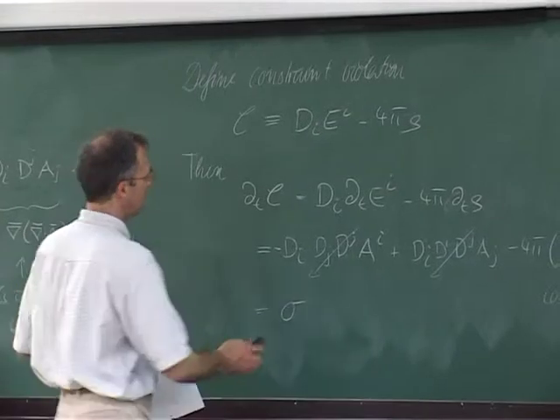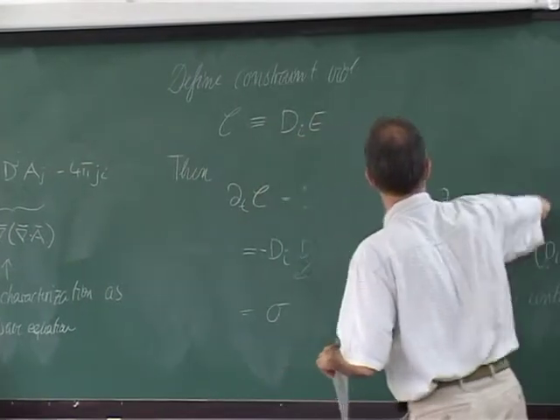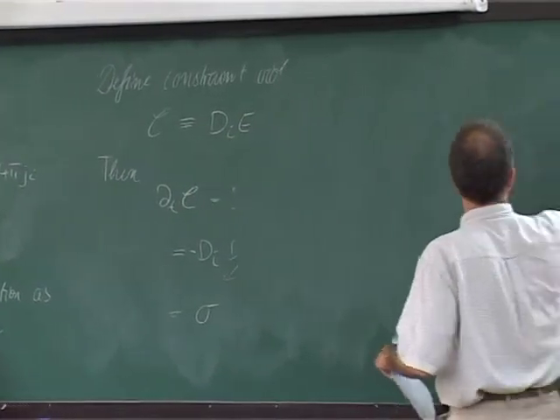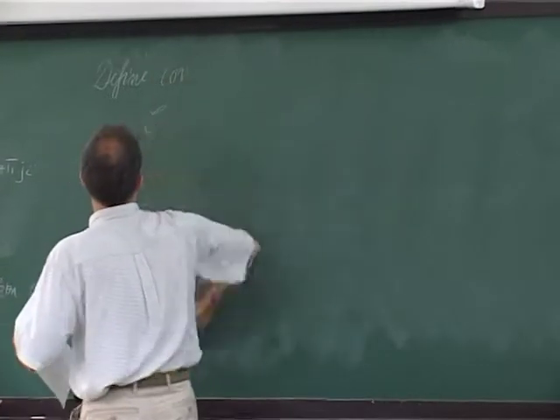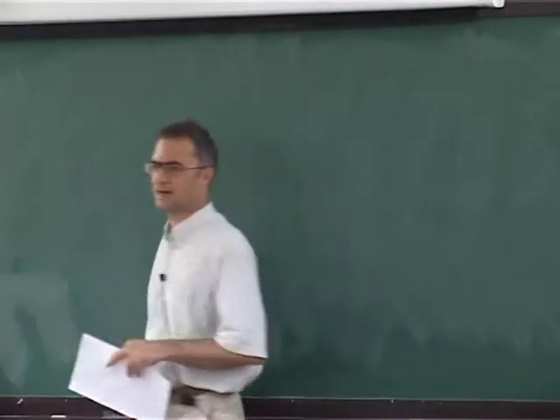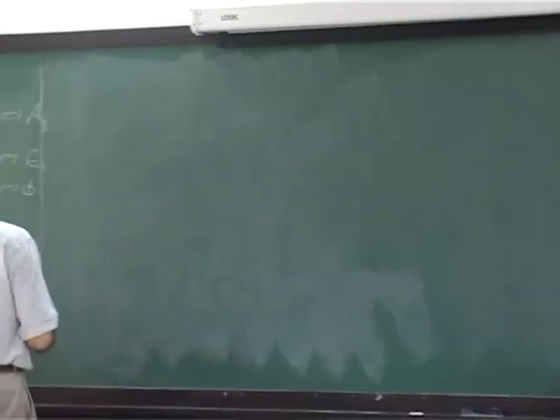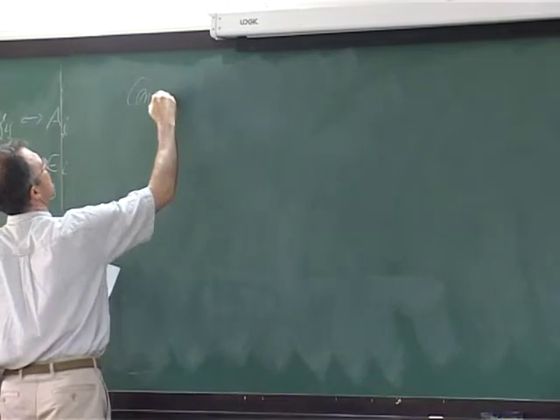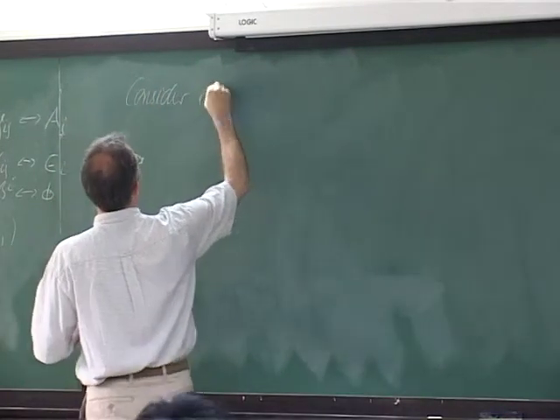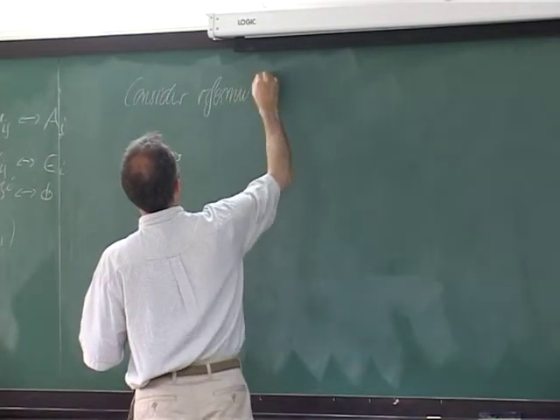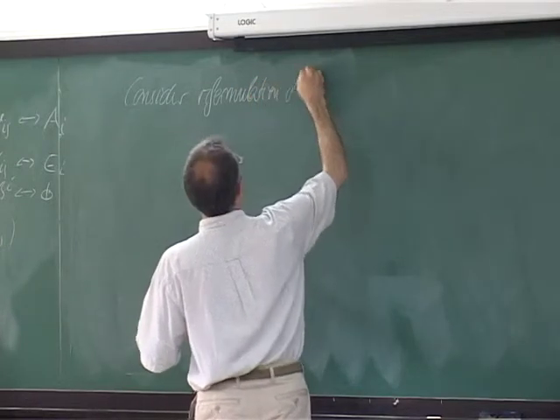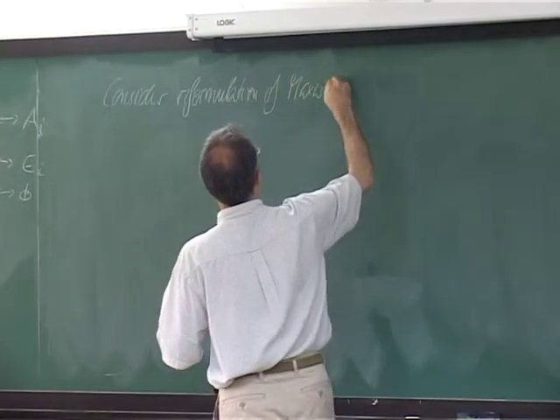To show you that, actually, that is pretty fast to see, so let me just do that. I'll erase this. Yeah, maybe that was a bad idea. Maybe I should have kept the evolution equations, but you have them in your notes, okay? So let's consider a reformulation of Maxwell's equations.